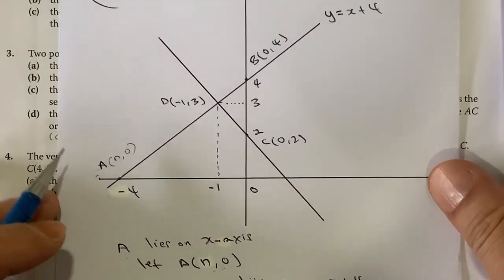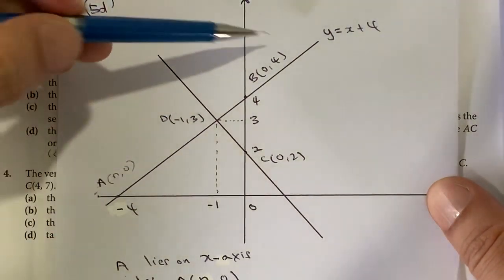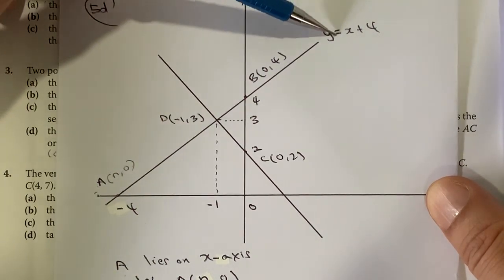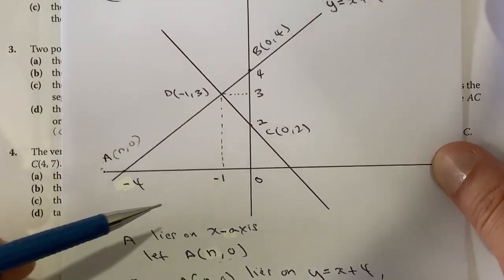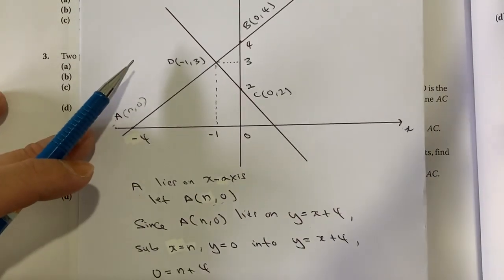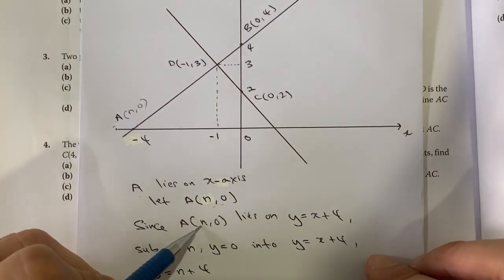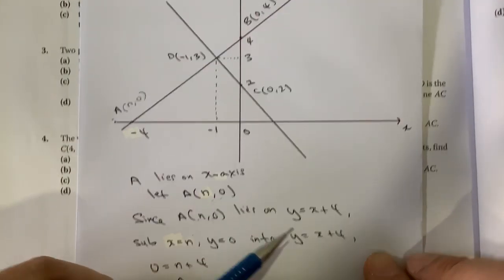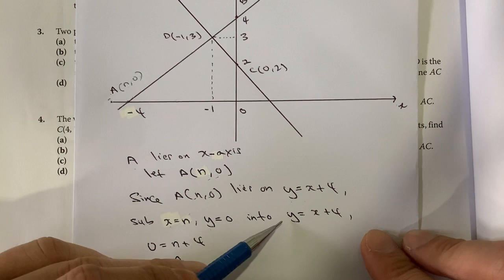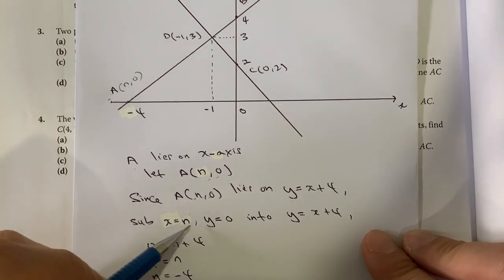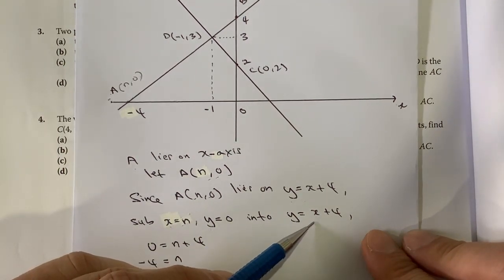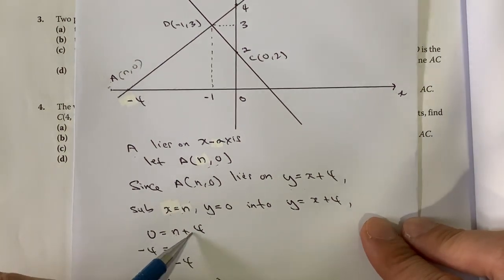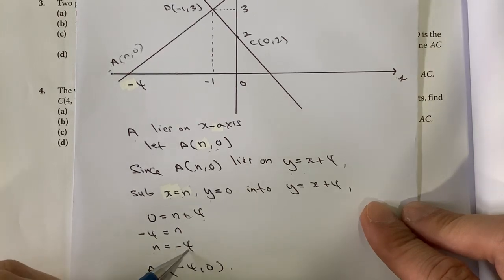And then again, since A is on the line y equals x plus 4, n, 0 can be substituted into y equals x plus 4. So x equals n, y equals 0, put it inside. Replace y by 0, x becomes n, so 0 equals n plus 4, and the value of n is -4.